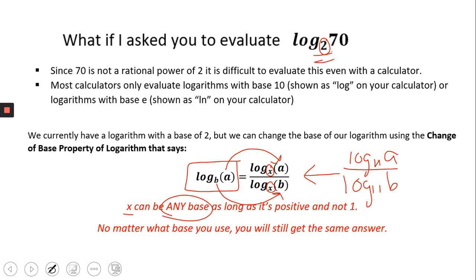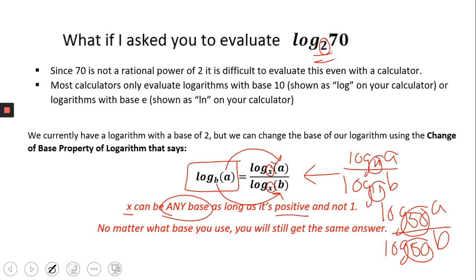This could be log base 50 of a over log base 50 of b. And this could go on and on and on. As long as that base is the same in the numerator and denominator, and it has to be positive and it cannot be 1, but it can literally be anything.